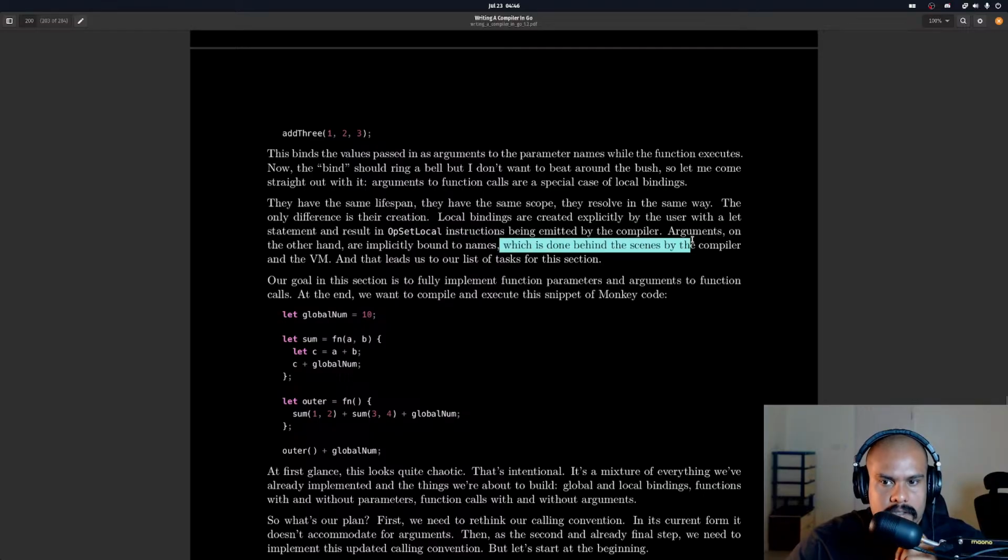This is done behind the scenes by the compiler and the VM. Yeah, that could be a problem. We could just manufacture some lets.